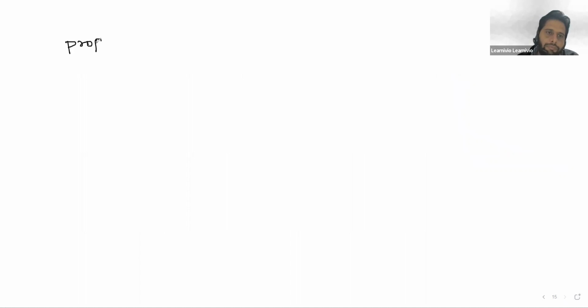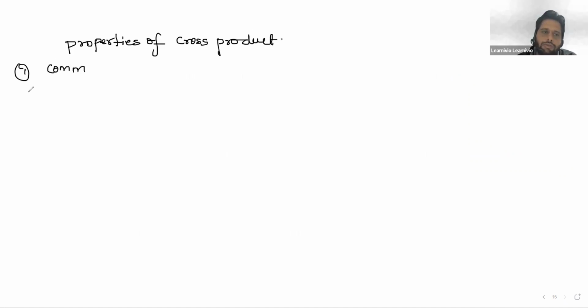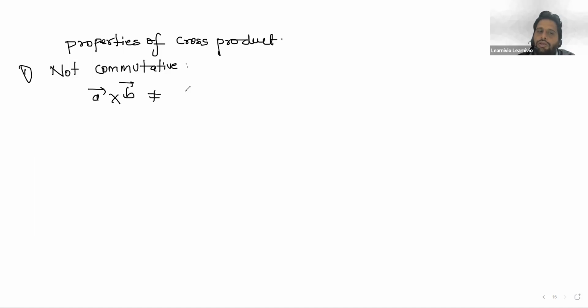Properties of cross product. The first property is commutative. It is not commutative. That means A cross B is generally not equal to B cross A. Why?